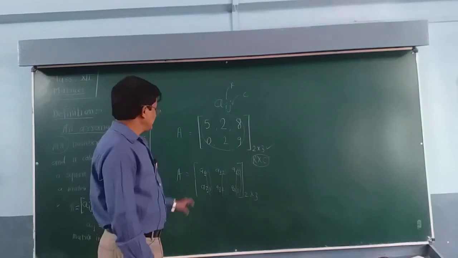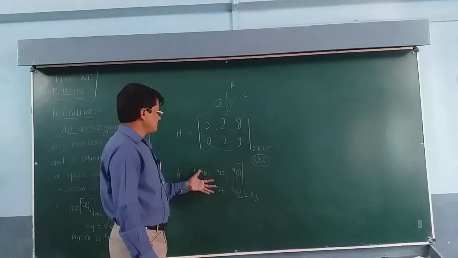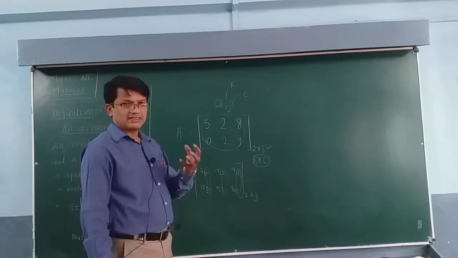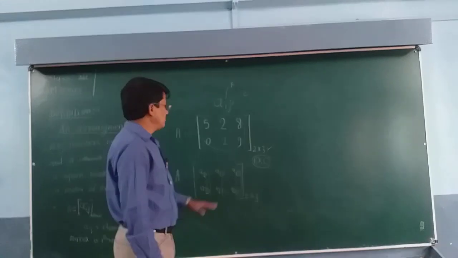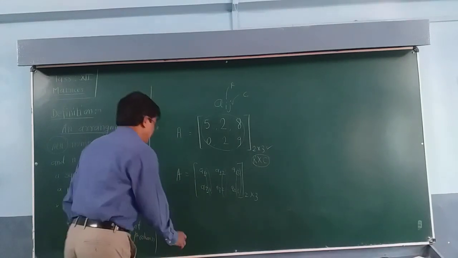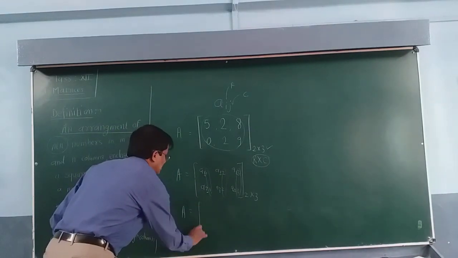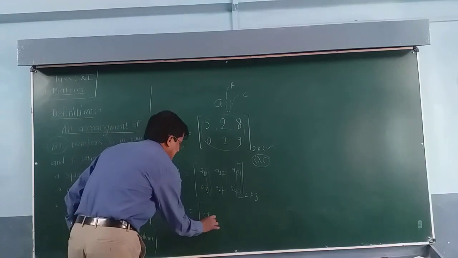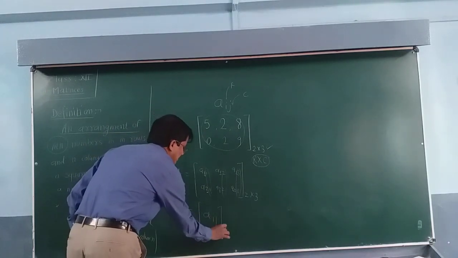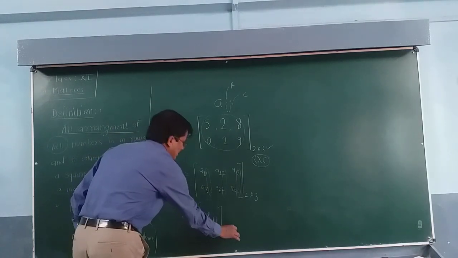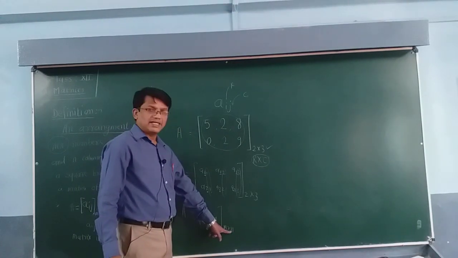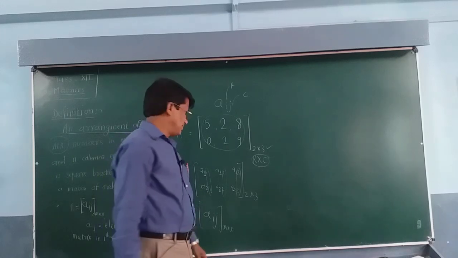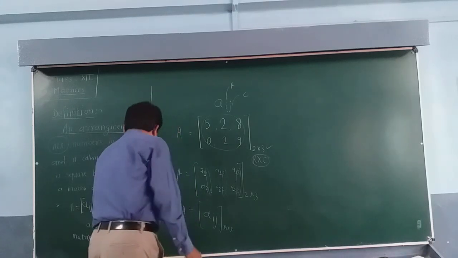These are the arrangement of elements row-wise and column-wise. In general we can say capital A equal to all the elements represented like this: Aij, and here m by n. Here m represents rows and n represents columns.